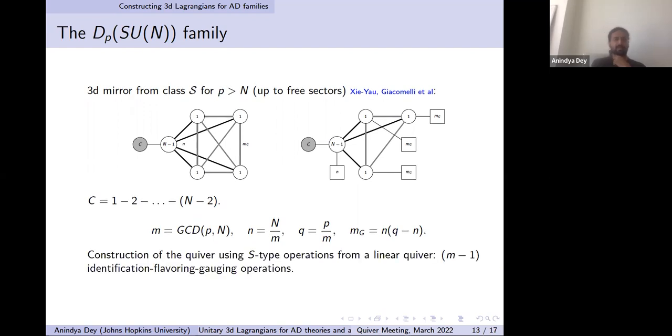Okay. So it turns out that these 3D mirrors from class S can be engineered from a linear quiver by a certain number of identification and flavor gauging operations, always. And what is important is that these operations are all abelian operations, so that we can use our theorem that we stated before and write down the duals of these operations.